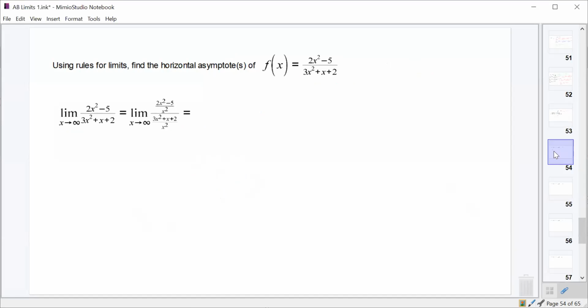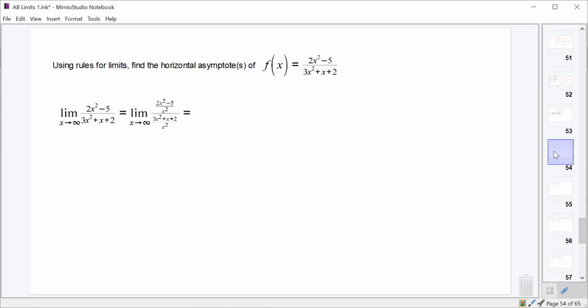So let's see if we can use some rules for limits to find the horizontal asymptote of 2x squared minus 5 over 3x squared plus x plus 2. Now you should already have a general idea of what the horizontal asymptote of that is because it's a rational function and you probably learned some rules for horizontal asymptotes for rational functions in the past.